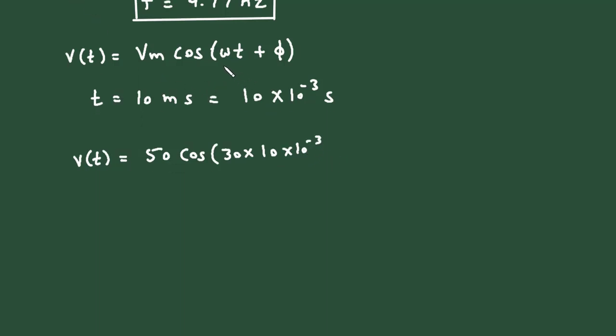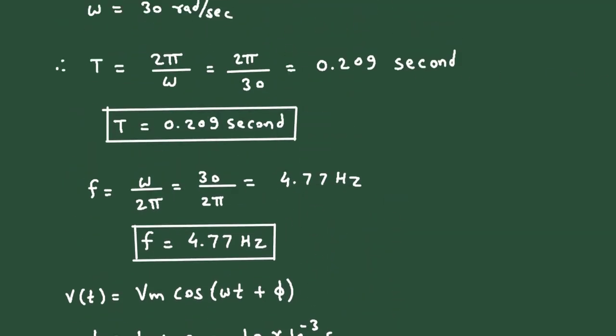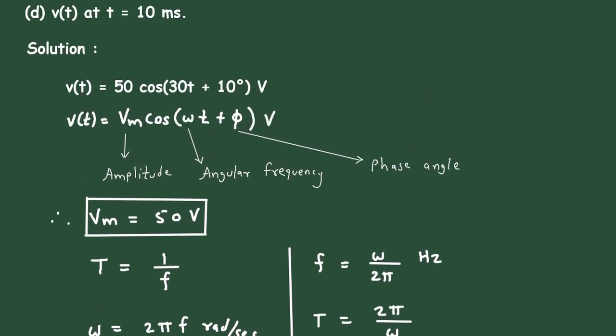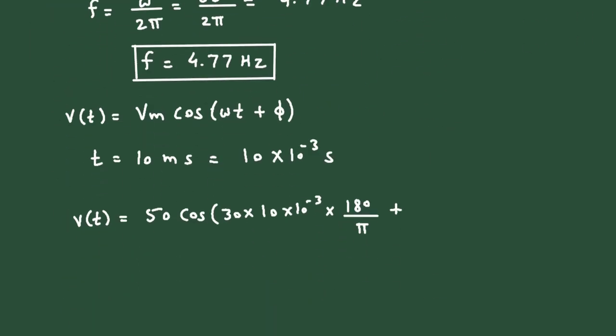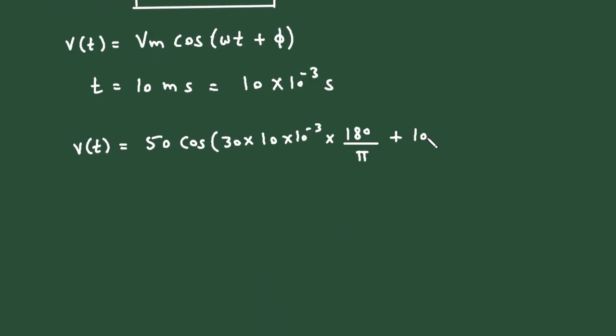Here we can see this omega t is in radian. So we have to convert it into its equivalent degree form. What we have to do is multiply it by 180 degree by pi. Then plus the value of phi. The value of phi is 10 degree.